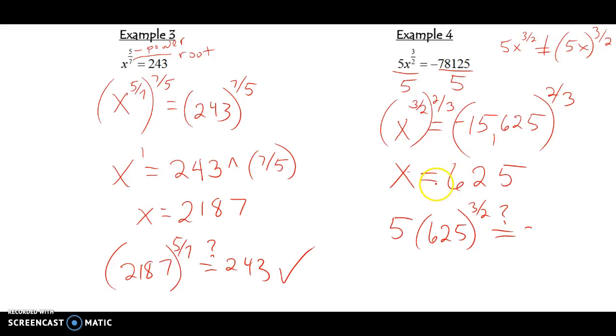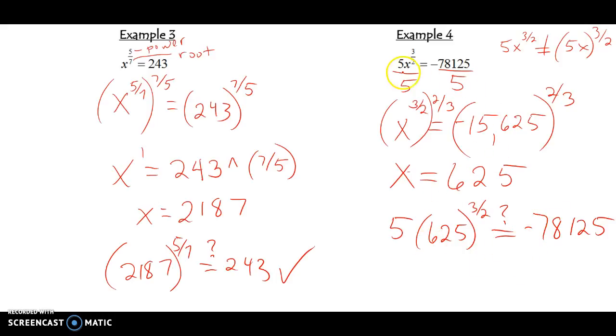And that should be a positive. So if we check this, we have a positive number being raised to a power and then multiplied by 5. This will never end up being negative.